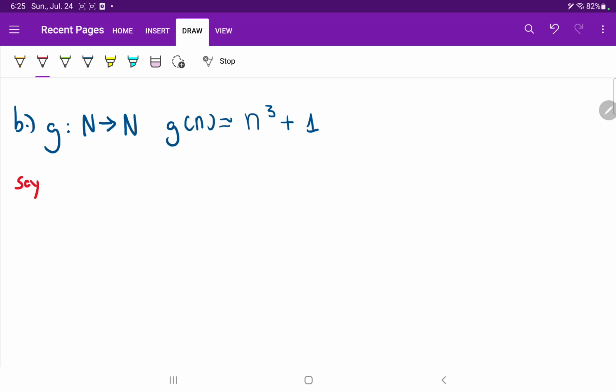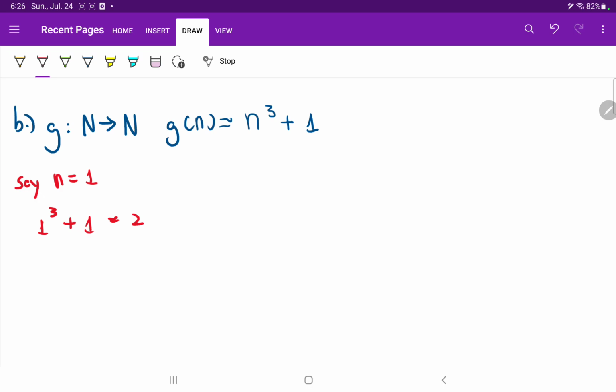The smallest natural number is of course 1. So let's say our n is equal to 1. If I plug n into this equation, 1 cubed plus 1, it's going to give us 2.